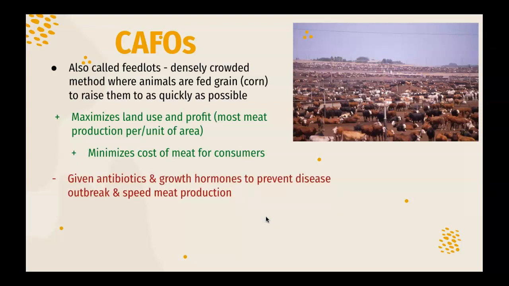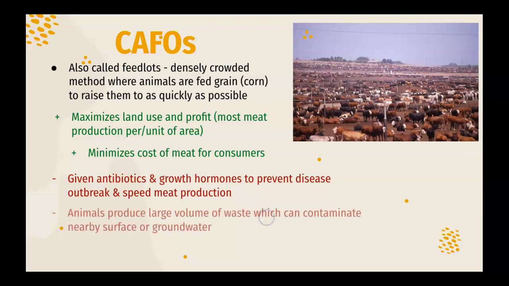One of the drawbacks to this type of operation is that because they're so tightly packed together, it really requires the use of antibiotics to prevent any spread of disease. And then because we're trying to turn over these organisms as quickly as possible, we're giving them growth hormones to speed up the production of the meat.